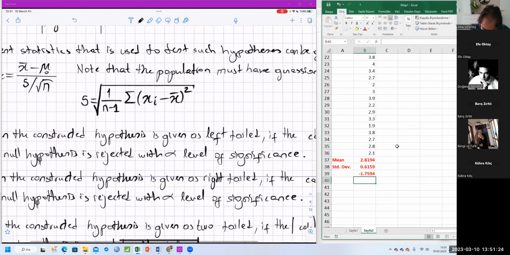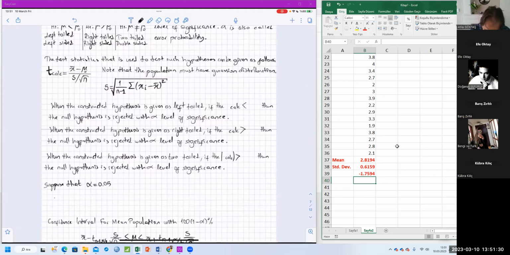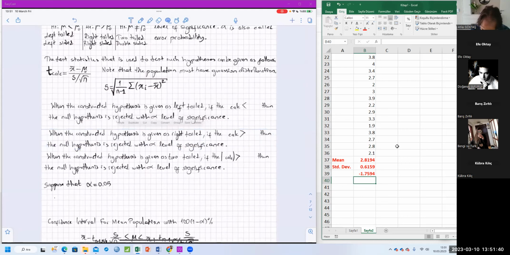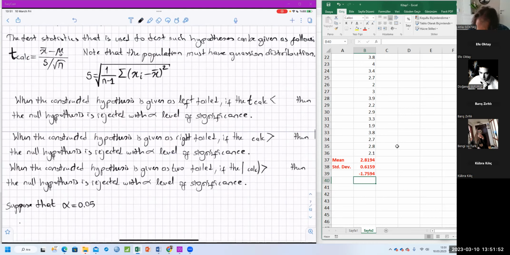Okay, let's get back here. Okay, when the constructed hypothesis is left tail, if the calculated statistic T is less than minus t n minus 1, alpha divided by 2, of course this is negative, then the null hypothesis is rejected with alpha level of significance.